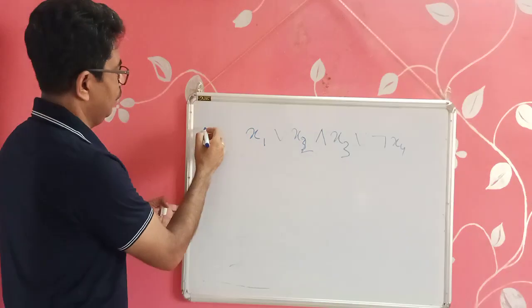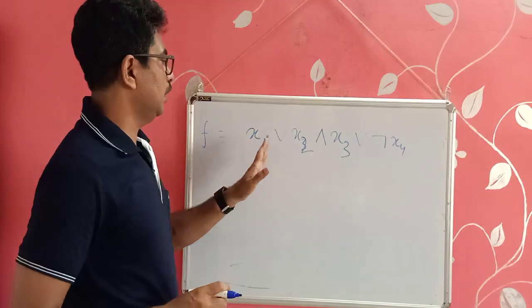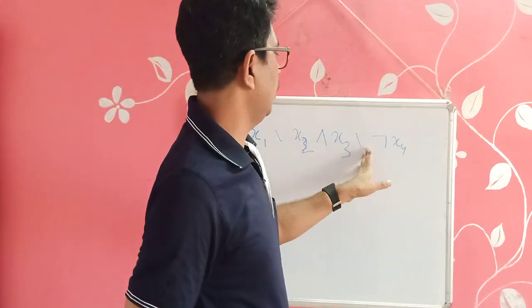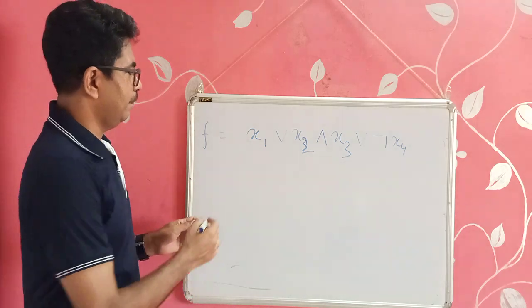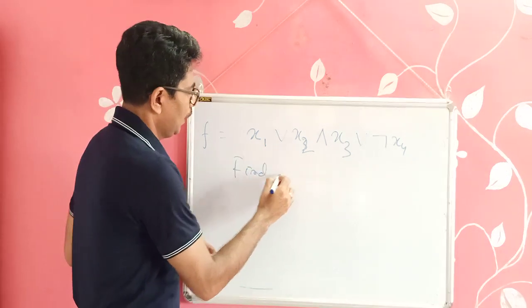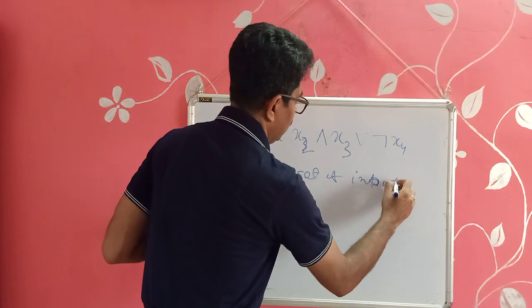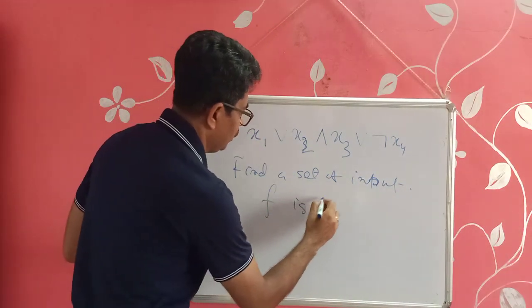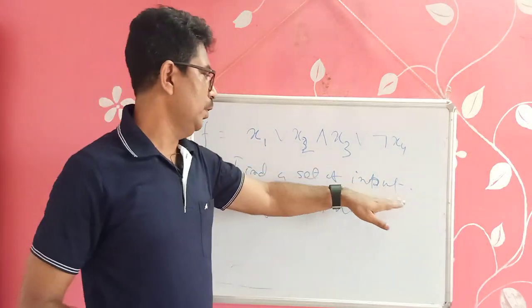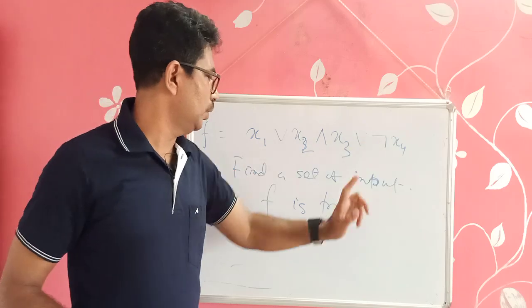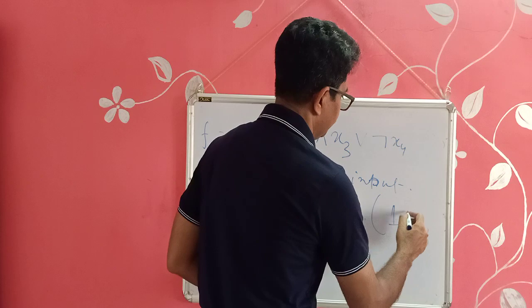Now if we say find a set of inputs such that f is true, that means find a set of inputs for x1, x2, x3, x4 so that the output of f is 1, true.